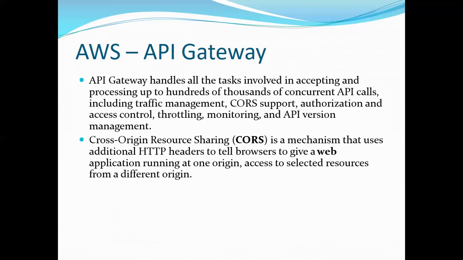When you get the data, the browser is going to make a different URL call, and the data has to be published into the master application, which is running on the client machine. So in those cases, cross-origin resource sharing should be supported, and API Gateway supports CORS.